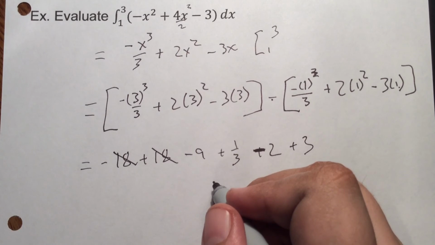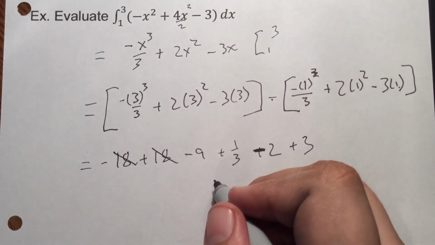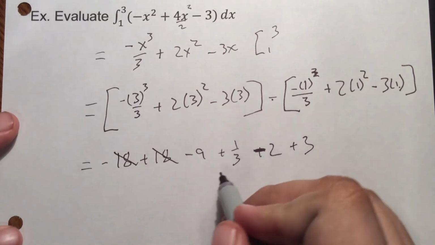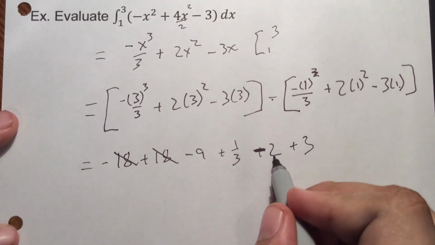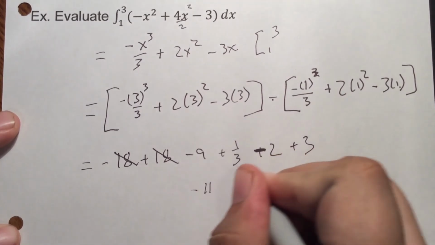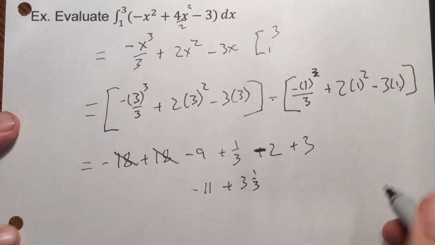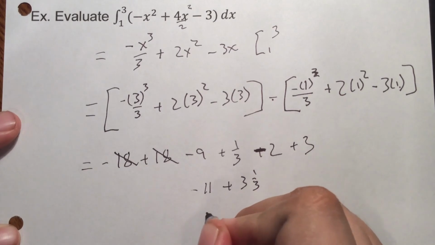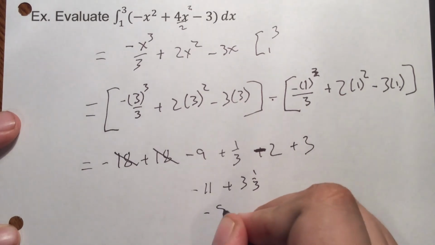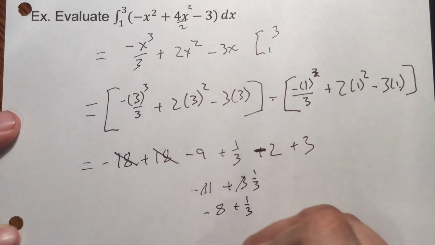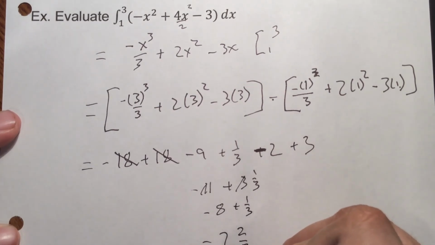Double checking my math here. Yeah, we set it up right. Okay, so negative 9, negative 2 would be negative 11. 1/3 and 3, so plus 3 and 1/3, which should knock it back to a negative 8 plus 1/3. So it's negative 7 and 2/3.